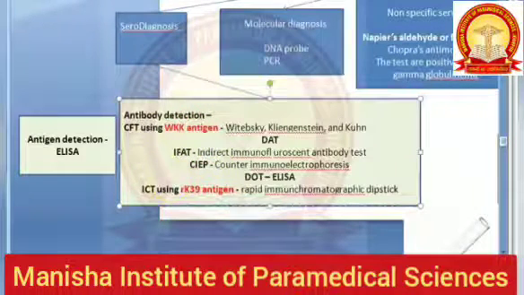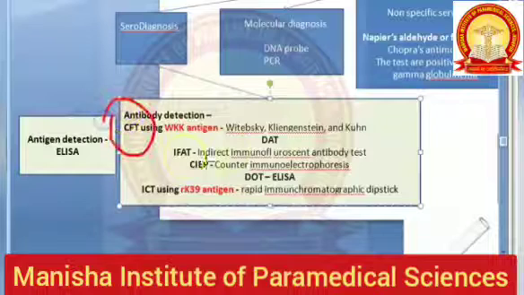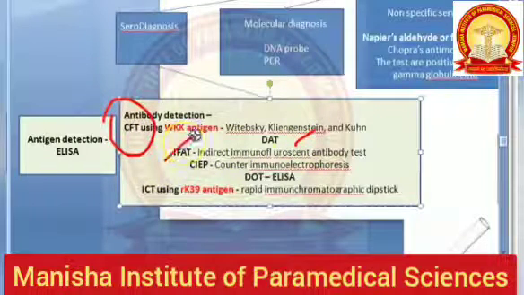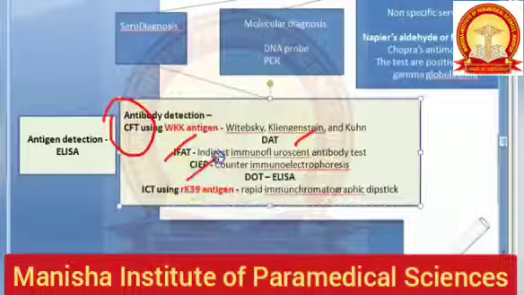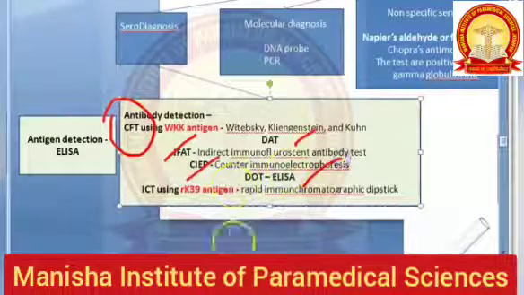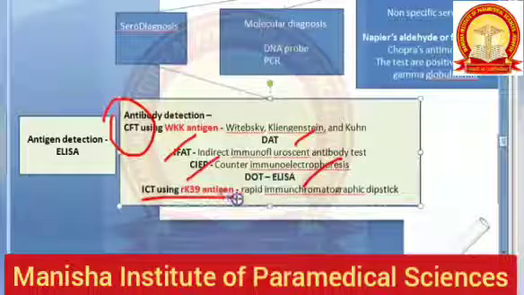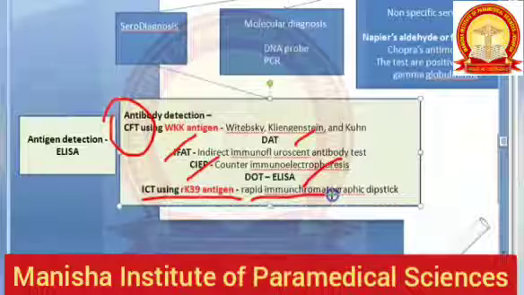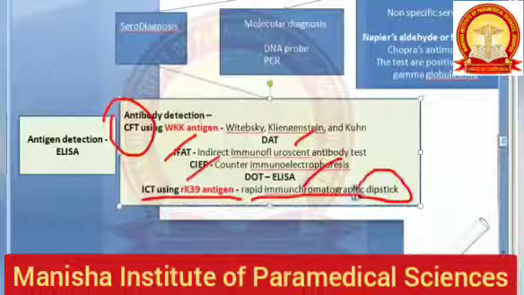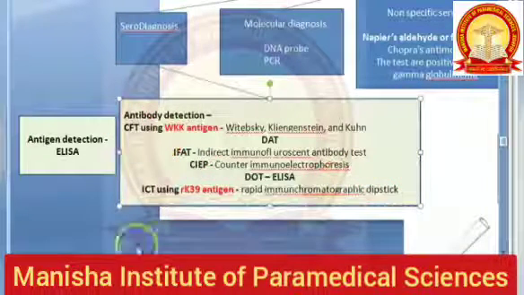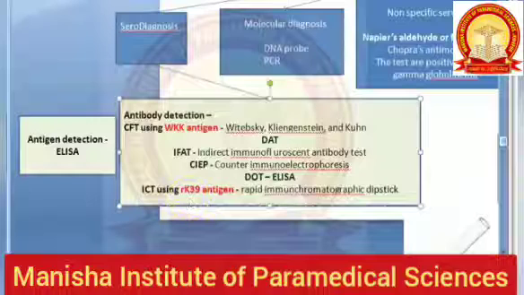Now, what are the tests that you will use? You will use complement fixation test, DAT, indirect immunofluorescent antibody test, counter immunoelectrophoresis, dot ELISA, not just ELISA, and ICT using RK39 antigen, that is the rapid immunochromatographic dipstick. Whatever you can, you try to remember.